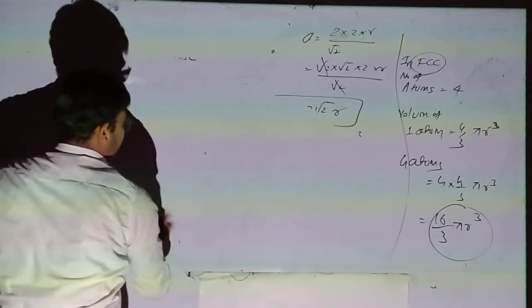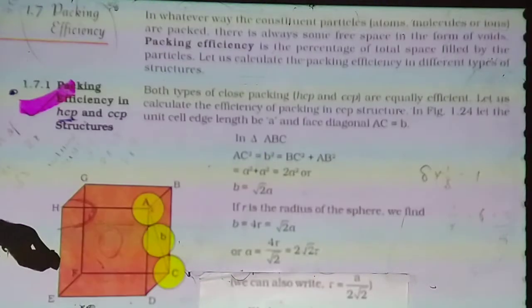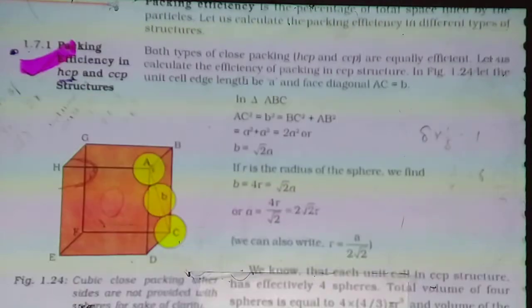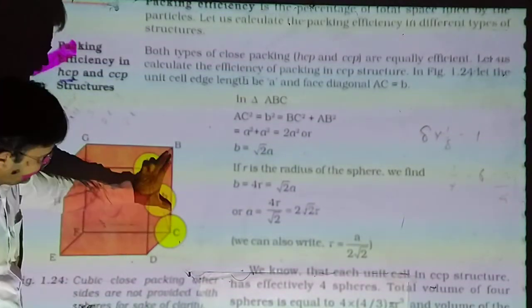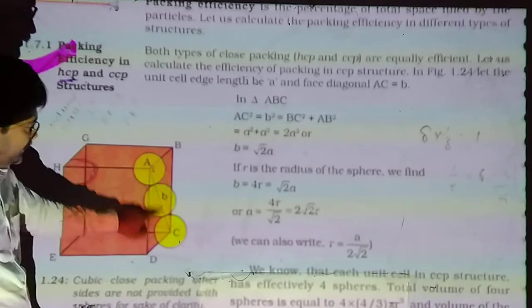Now, this is packing efficiency. What types of close packing did we discuss? HCP and CCP. Let us calculate the efficiency of packing in CCP. Figure 1.24: let the unit cell edge length be a and the face diagonal AC be b.